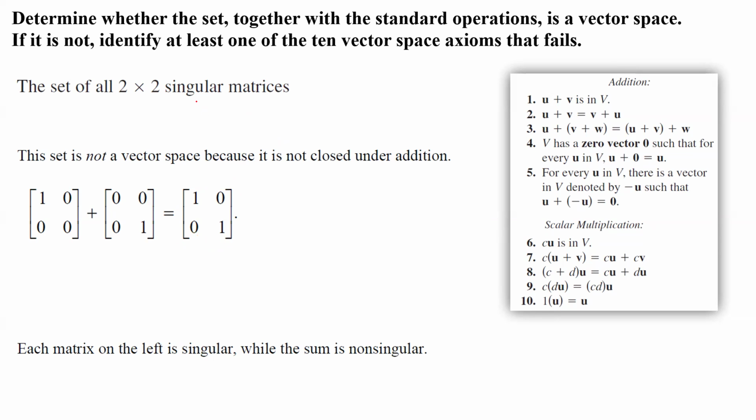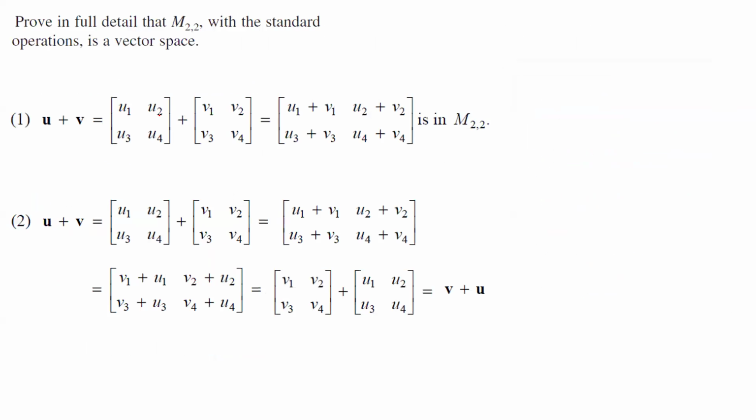So it's not in this set. It is not closed under addition. So again, the determinant of the first matrix is 0. The determinant of the second matrix is 0, but the determinant of the third matrix is 1. So basically, this is not a vector space. Okay.